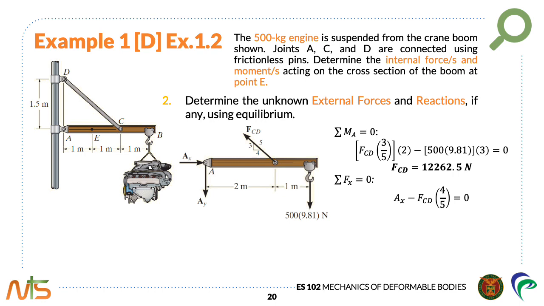This is negative since the horizontal component of FCD is to the left. We equate the summation of forces to 0 and determine the unknown force AX. So since FCD is equal to 12,262.5 newtons, we now have AX equal to 9,810 newtons.